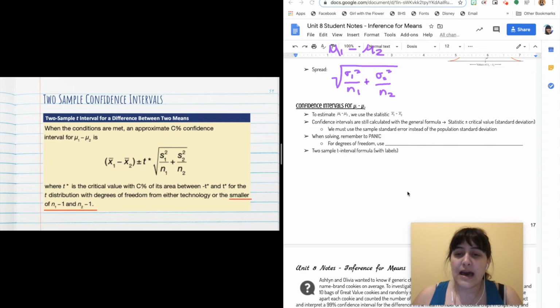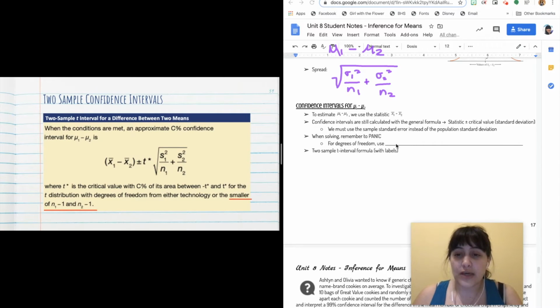The reason that that's different is because we have two populations. So because we have two populations, we have to choose our degrees of freedom based on the population that we are the least sure about. And the one we are the least sure about is always the one with the smaller sample size.